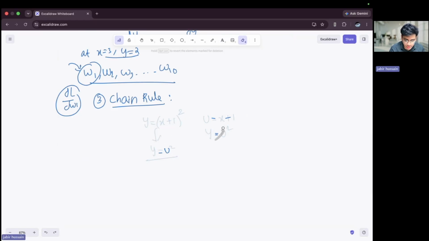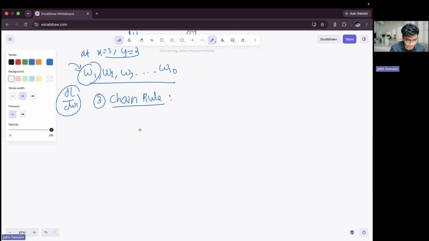Okay, let's say I have a nested function like this. Here y is equal to u square, and my question is dy by dx. Tell me dy by dx. You will say, Jabir, there is no x here, there is no relation between y and x. So how can I calculate dy by dx?